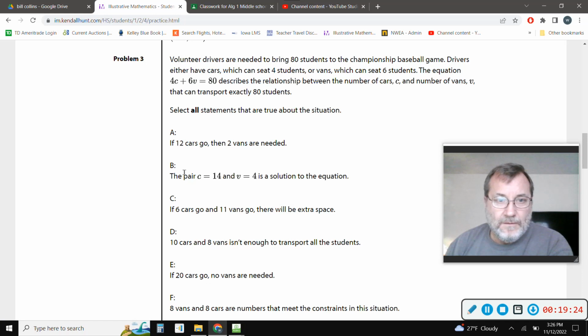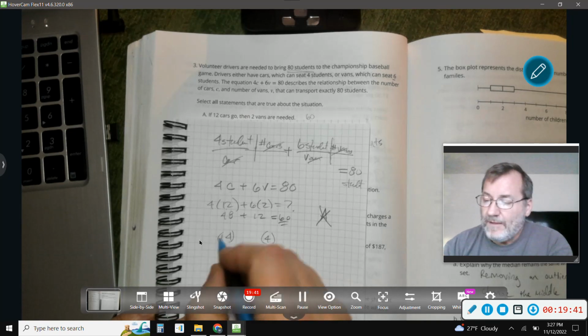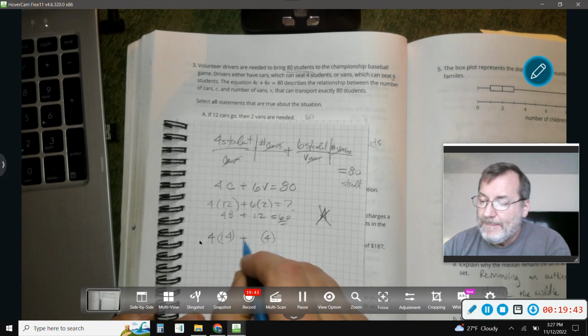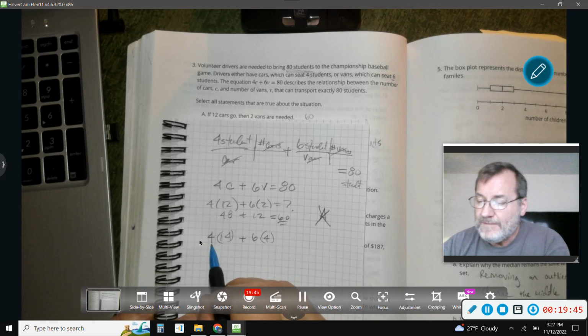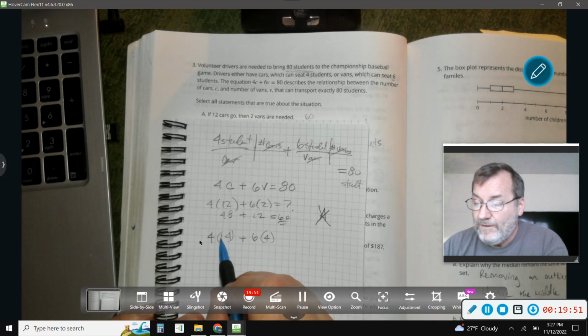Moving on. Let's see, B is 14 cars and 4 vans. So let me write that down. 14 cars and 4 vans. And what do we got here? So I got 4 times 14 plus 6 times 4. Let's see, 4 times 14. 4 times 4 is 16, carry the 1. 4 times 1 is 4 plus a 1 is 5.